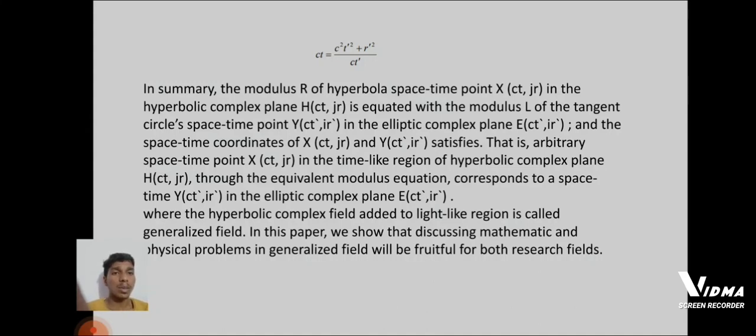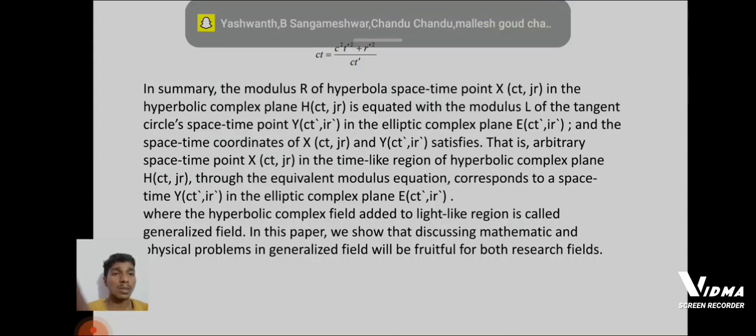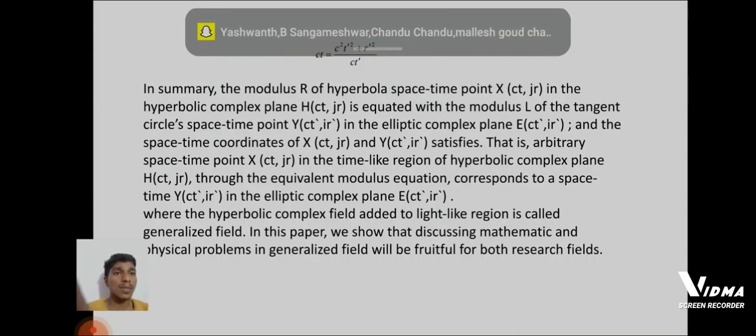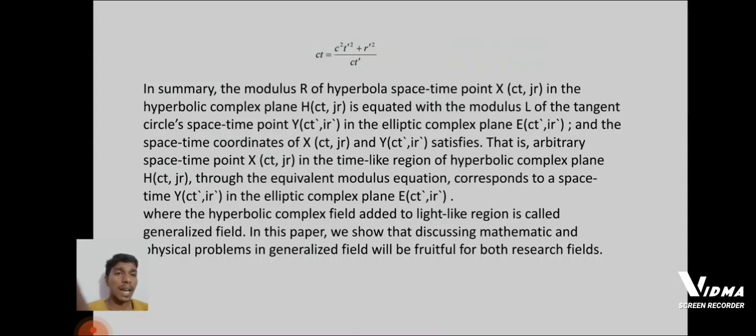It is similar to the previous one and corresponds to the space-time point y(ct dash, ir dash) in the elliptical complex plane E(ct dash, ir dash), where the hyperbolic complex field added to the light-like region is called the generalized field.